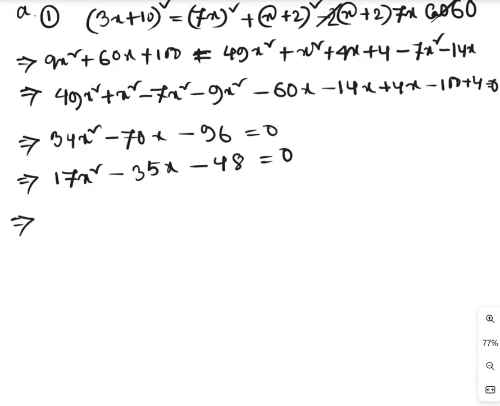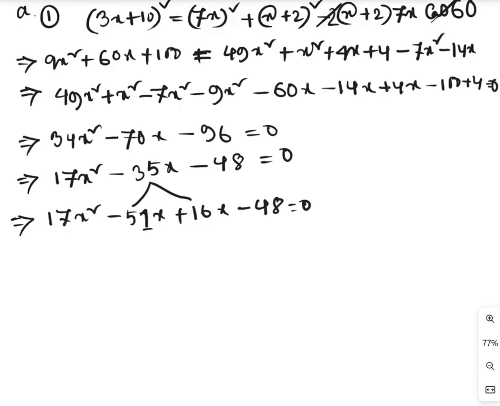Now let's do the middle term. So this will be 17x square minus 51x plus 16x minus 48 is equals to 0. There will be a question how it is 51 and 16x from 35.